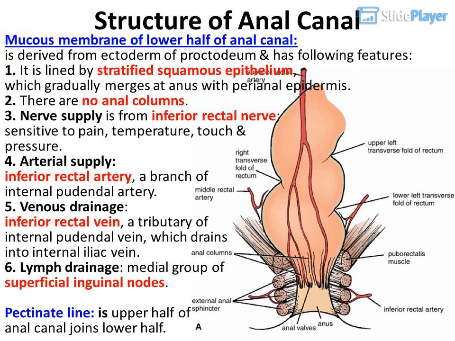Arterial supply: inferior rectal artery, a branch of the internal pudendal artery. 5. Venous drainage: inferior rectal vein, a tributary of the internal pudendal vein, which drains into the internal iliac vein. 6. Lymph drainage: medial group of superficial inguinal nodes. The pectinate line is where the upper half of the anal canal joins the lower half.